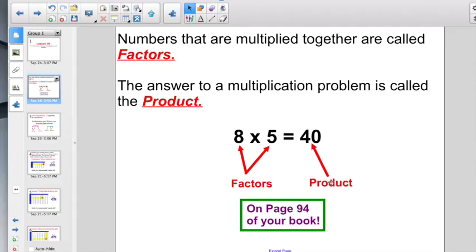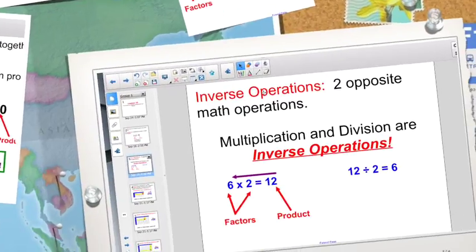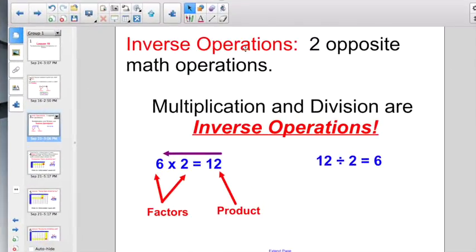This is review. Both of these words can be found in the glossary in the back of your book or on page 94. Also from yesterday, a little bit more review talking about inverse operations. Two opposite math operations, and we should have learned yesterday multiplication and division are considered to be inverse operations.